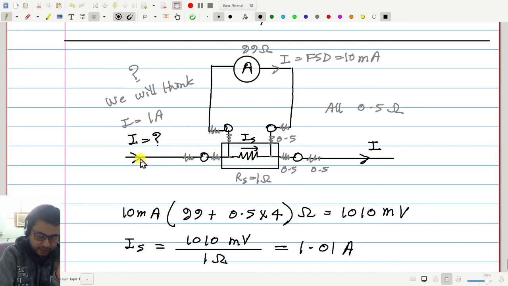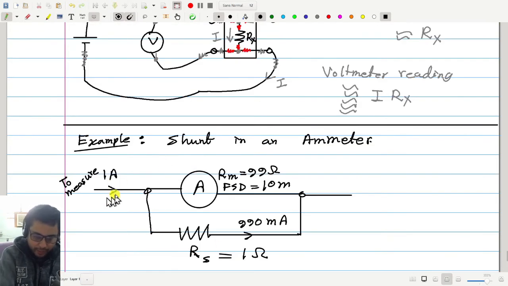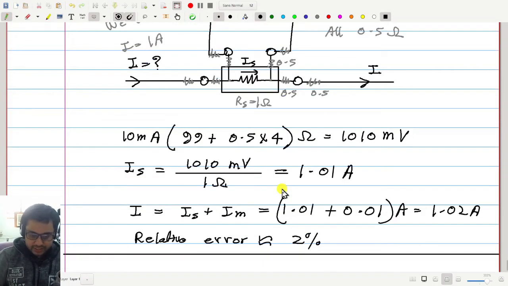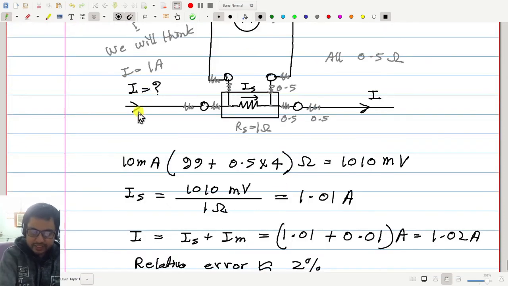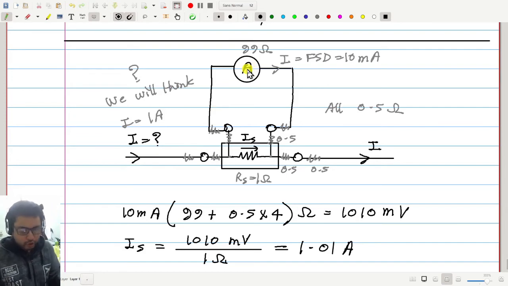We estimated theoretically previously that when 1 ampere current flows, we get 10 milliampere deflection, which is full scale deflection. Now here we see that when this is 1.02, then we will get full scale deflection. So we are supposed to allow 1 ampere current here. And 1.02 is very close to 1.